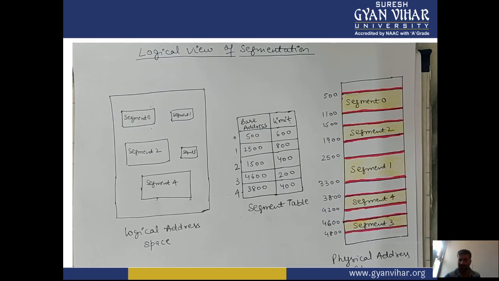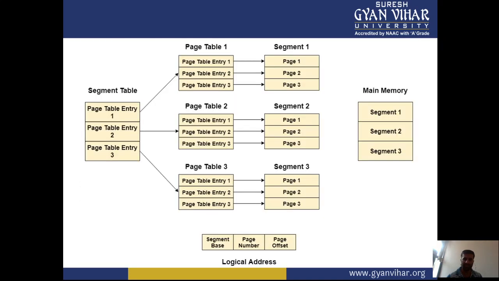Like that, we can do the implementation with segment 4 as well as segment 3, right? So it's a logical view of segmentation, because we can use segment 0, segment 2, segment 1, since it is non-contiguous, right? So we can place them anywhere. Now in non-contiguous memory we can use this.